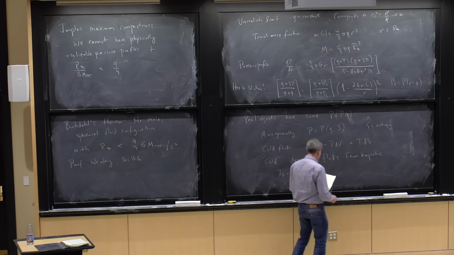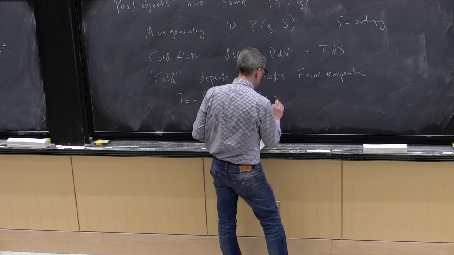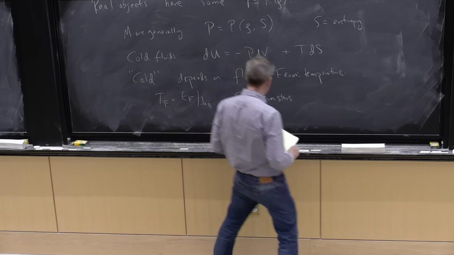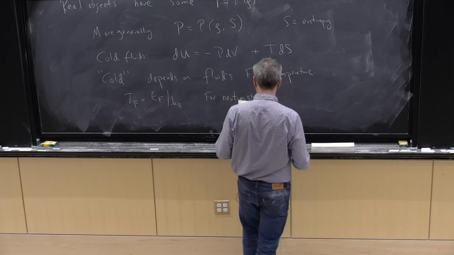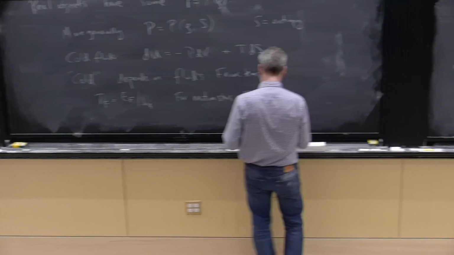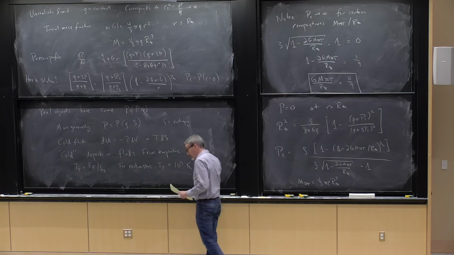The punchline is that for neutron stars, one of the cases where we do, in fact, make dense general relativistic fluid stars, the Fermi temperature tends to be on the order of 10 to the 13 Kelvin, so about 10 trillion Kelvin.